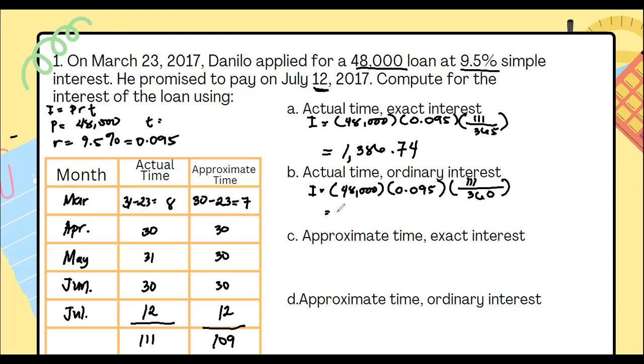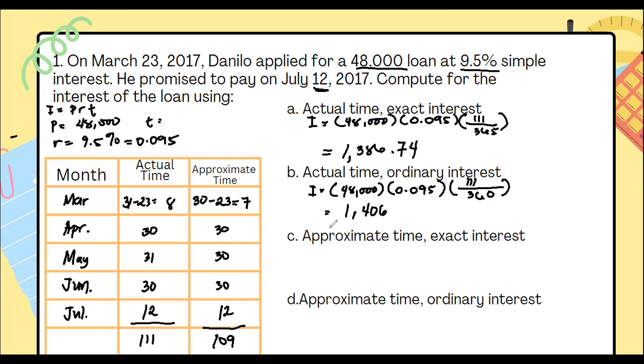Okay? Now, using your calculator, pwede nyo na rin po itong i-input. 48,000 multiplied by 0.095 multiplied by 111 over 360. Then click equal lang. The answer here is 1,406. Okay? The interest using actual time, ordinary interest, is 1,406.